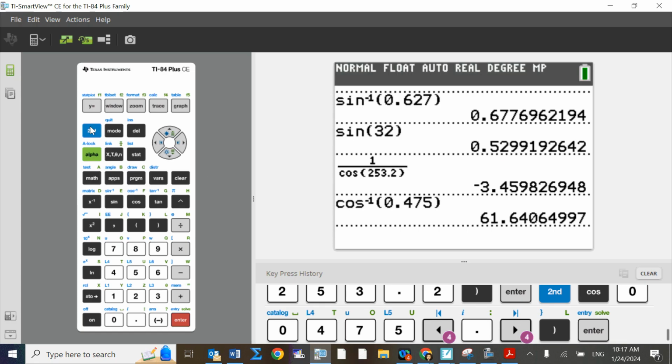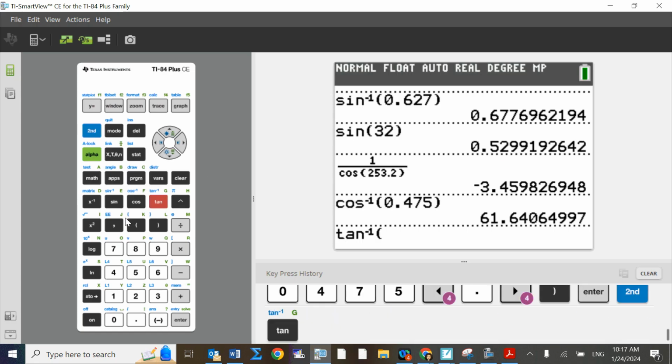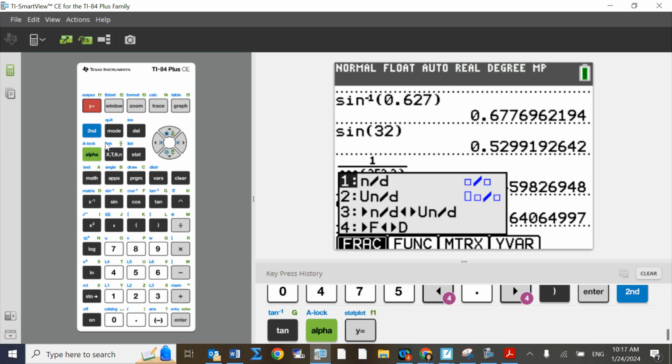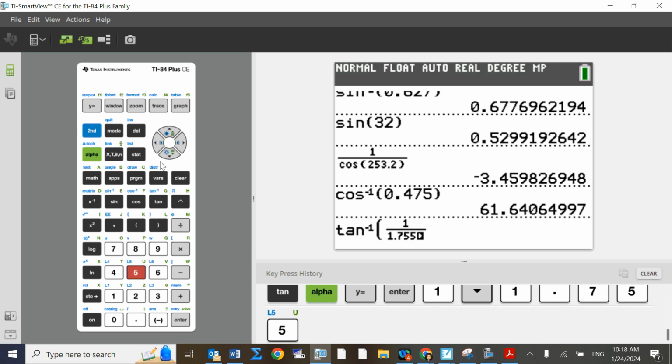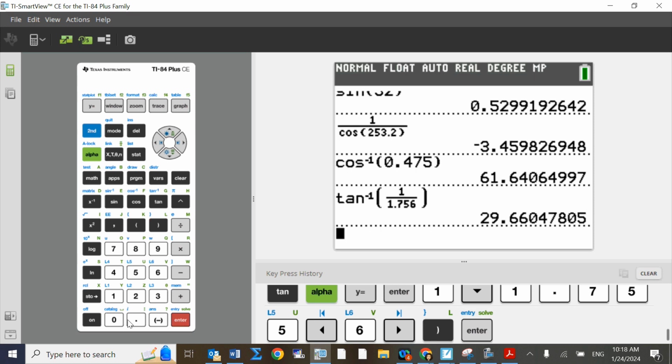So you go second tangent of 1 over 1.756, and it's equal to 29 degrees almost.